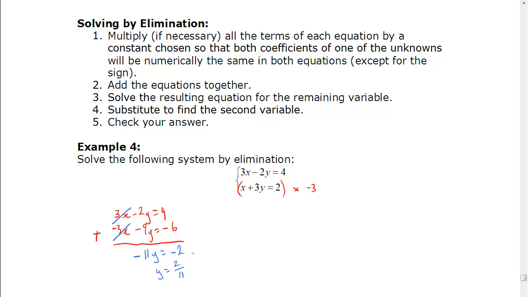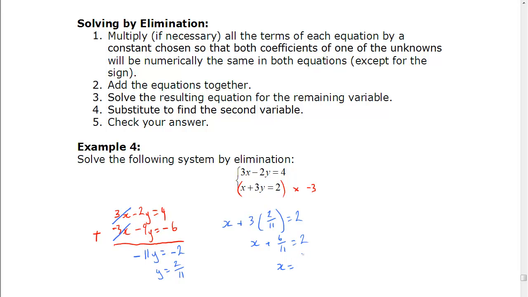To solve for x then, we just put it back into one of our original equations. Doesn't matter which one we pick. The second, though, has a coefficient of x equal to 1, so that's easier to work with. So we'll say x plus 3 times 2 over 11 equals 2. x plus 6 over 11 equals 2. So x equals 2 minus 6 over 11.